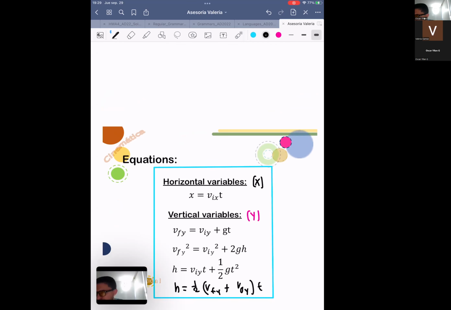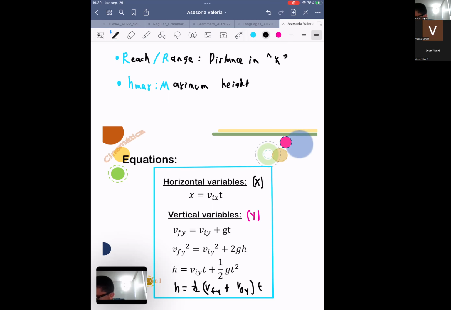Something also really important, maybe before doing this, are the concepts. For example, reach, also called range, in Spanish alcance. This is the movement, the distance in X. Something also really important is the H max, that basically means the maximum height.